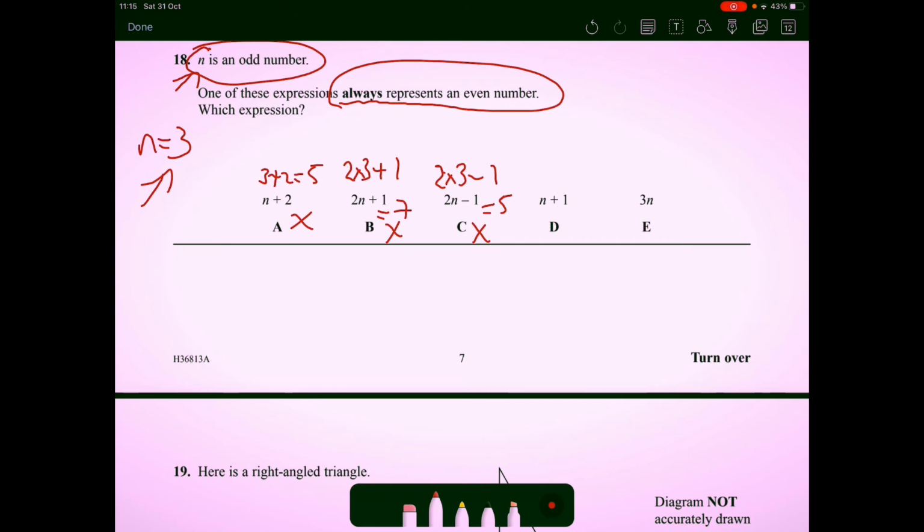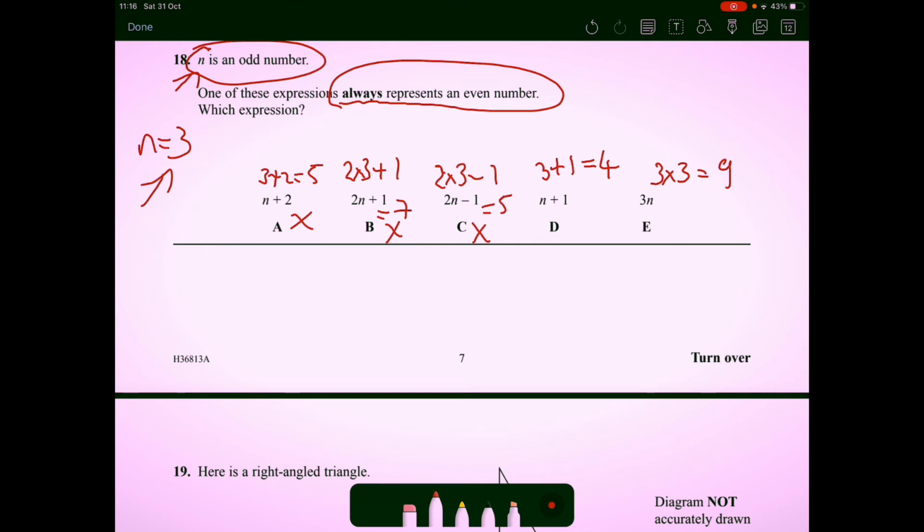All right, let's try another one. n is 3, plus 1. Will that give me an even number? Yes, it will do. I'm not going to tick that just yet. I'm going to check the last one as well. What I've got here is 3 times 3, and in this instance that's going to give me an odd number.